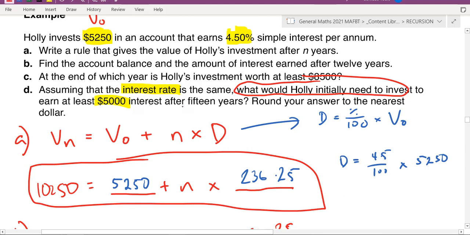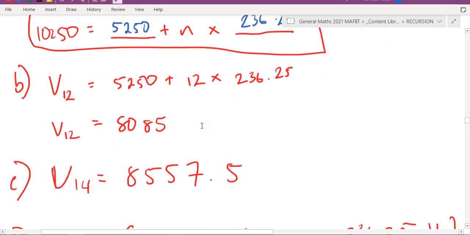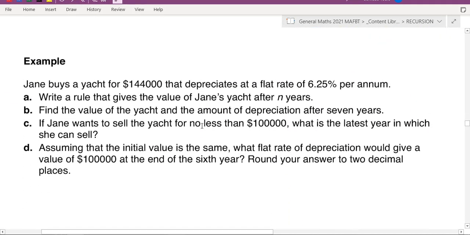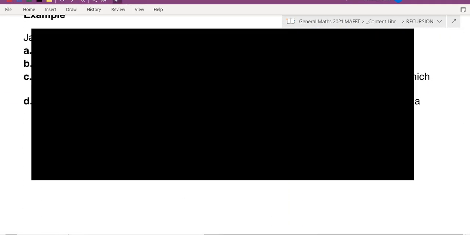So remember, interest is extra amount that you earn, right? And then V0 is how much you start off with. So if you want to make at least 5,000, then you should add that to what you started off with, because you want to increase to $5,000 extra. Kind of makes sense? I think if we do a few more questions of these, it should make more sense. But I'm going to leave that for now.